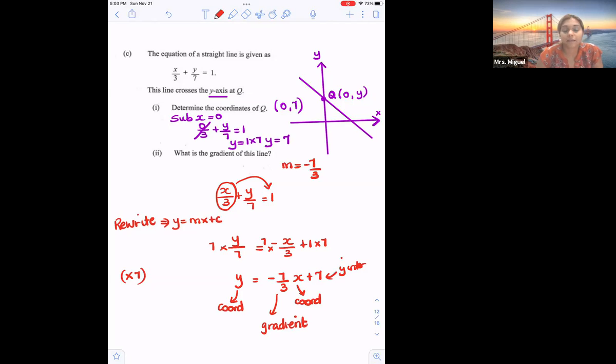So there's a pattern. For question 4, they bring relations and functions. You have to find the inverse, you have to find composite functions, you have to find f(4), f(0), etc. They also bring coordinate geometry. You have to find the gradient, you have to find the equation of a line.